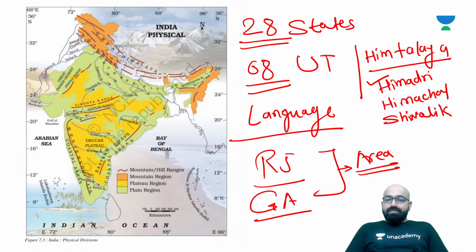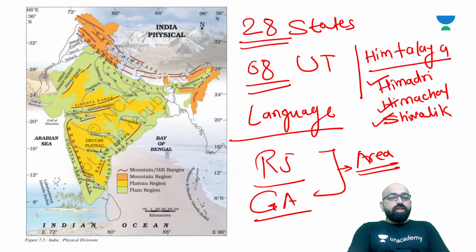Himachal, which lies to the south of Himadri, has many popular hill stations. Then the Shivalik is the southernmost range.